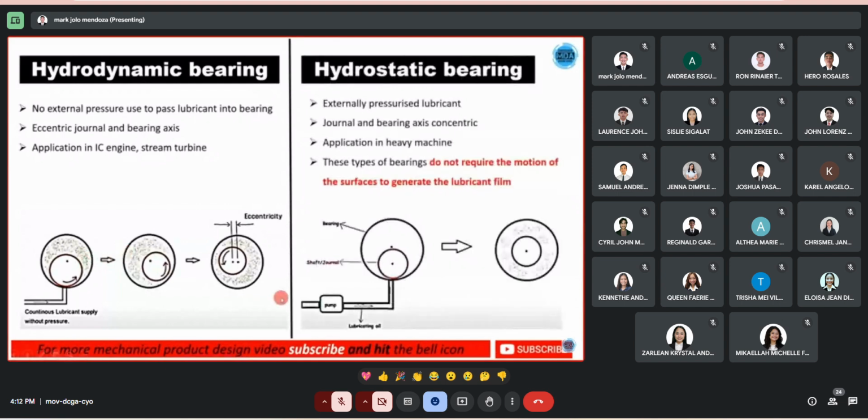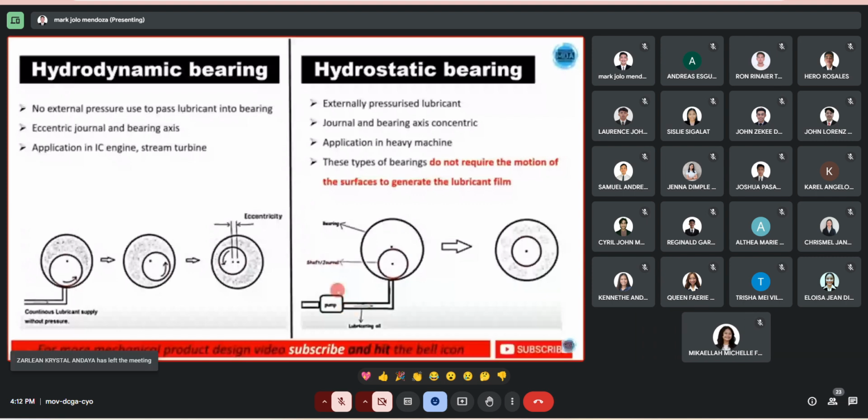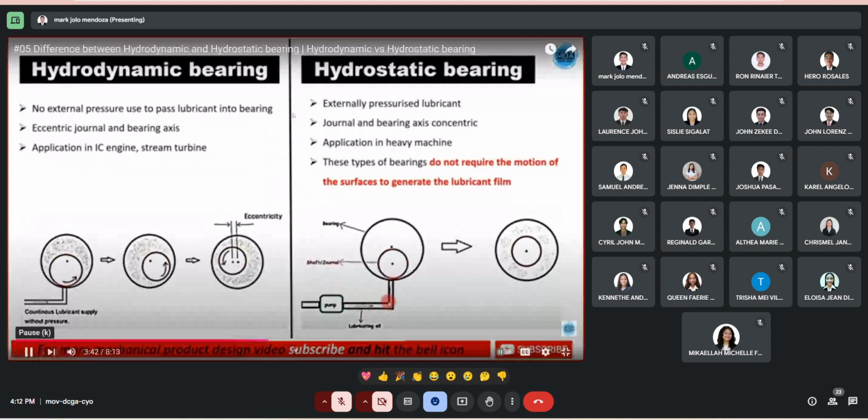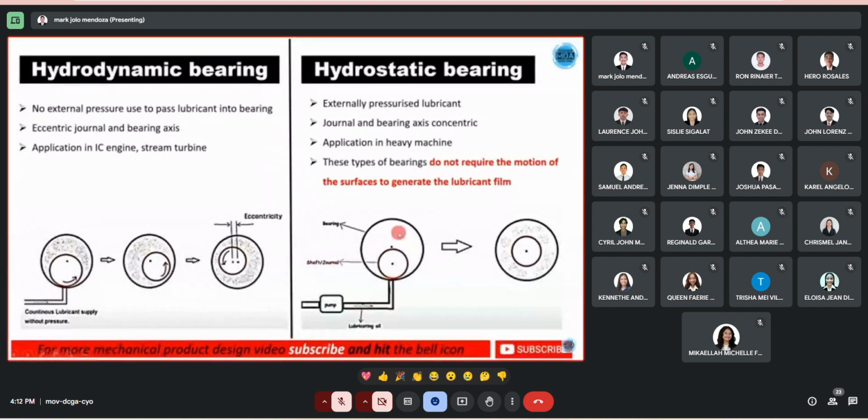In the next scenario, the hydrostatic bearing, we are using a different mechanism. With the help of a mechanism like a pump, we are passing pressurized lubricant between the bearing and shaft.